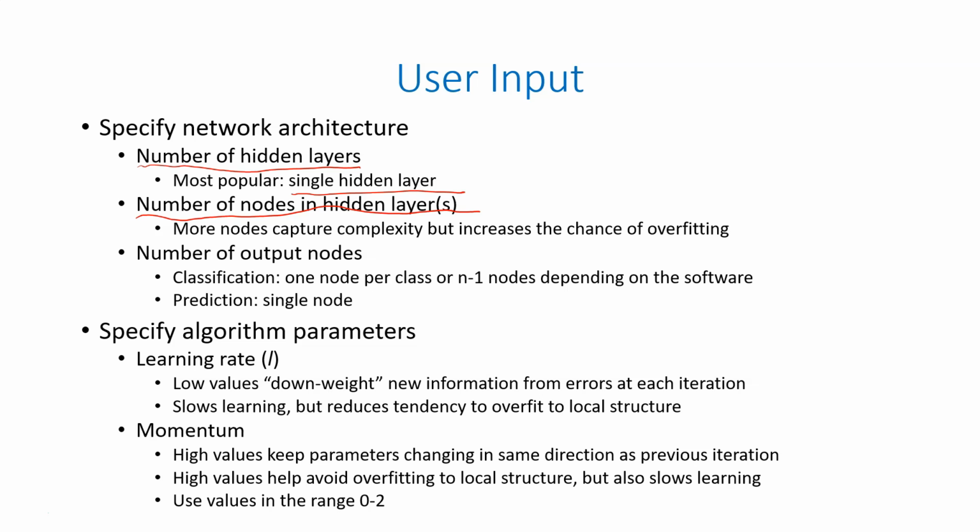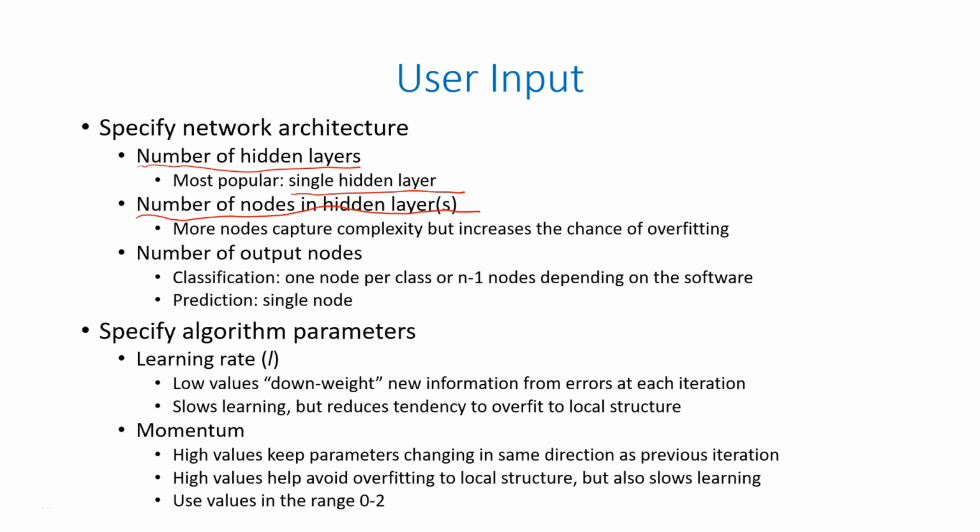Again, more nodes would help capture complex relationships, but also would increase the chance of overfitting. A rule of thumb is to start with the same number of nodes as the number of predictors, and then gradually increase or decrease the number based on the validation results.